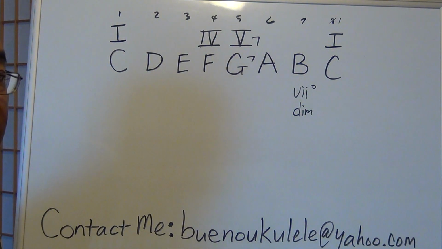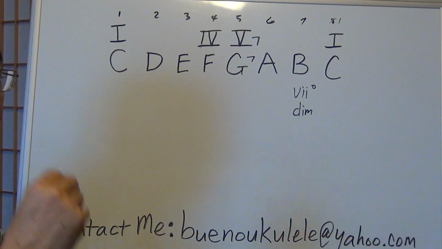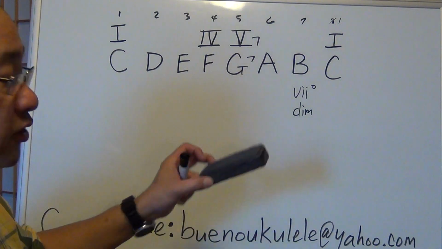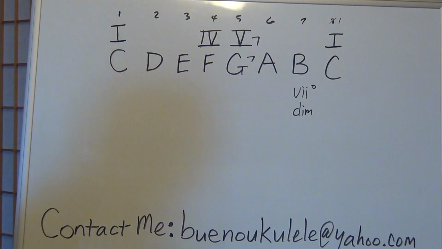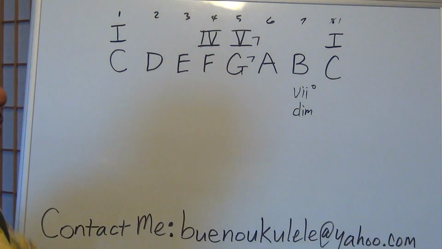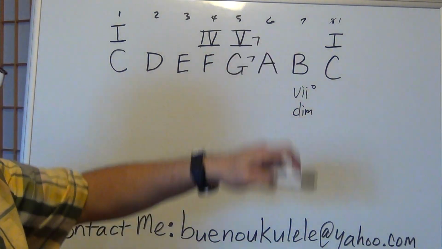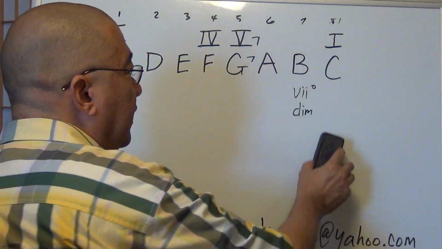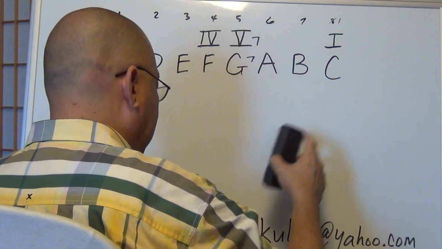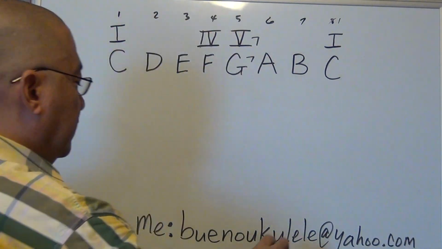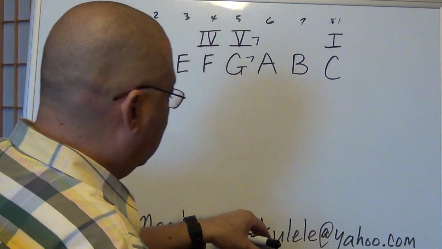On average, you're probably not going to use it a whole lot unless you get into more complicated pieces of music. But if you do, it's located on your chord chart. You can always look it up. All your diminished chords are on your chord chart. It's the number 7 chord. What we are going to talk about today is only your 2 chord, 3 chord, and your 6 chord. That's all we're going to talk about.